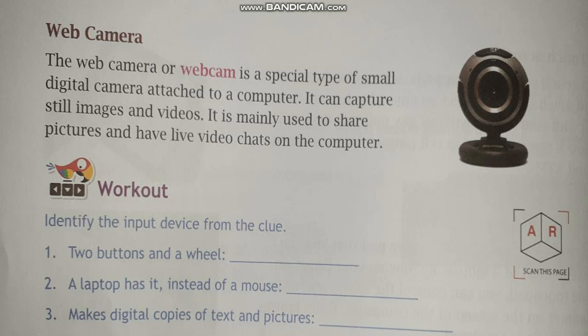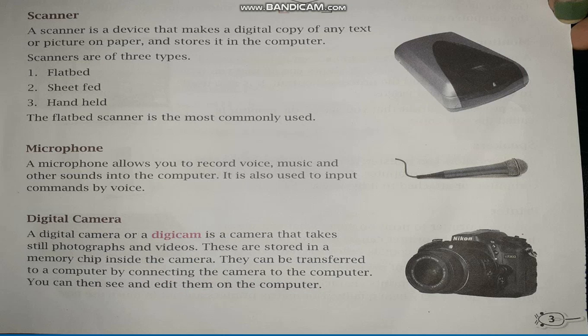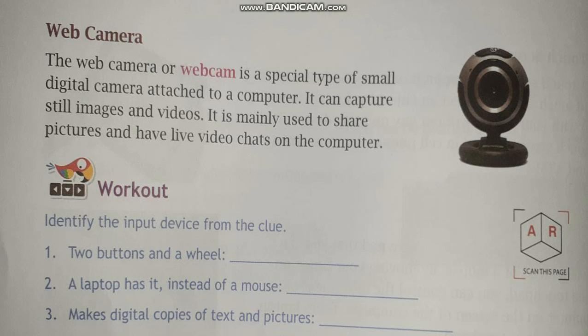But what is the difference? We can use a digital camera to capture photographs and videos, and they are stored in a memory chip inside the camera, and we use a web camera to capture images and videos, and it is mainly used to share pictures and have live video chat on the computer.